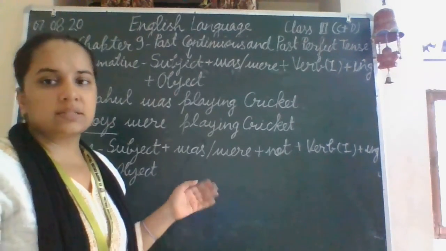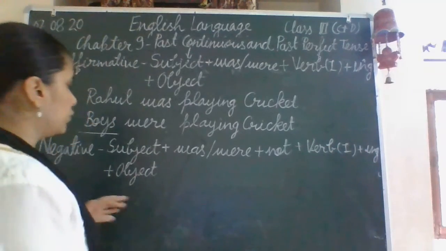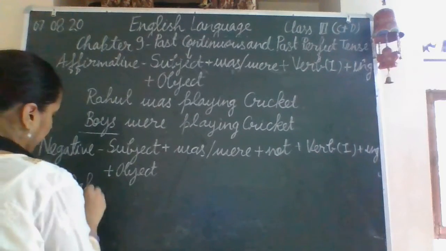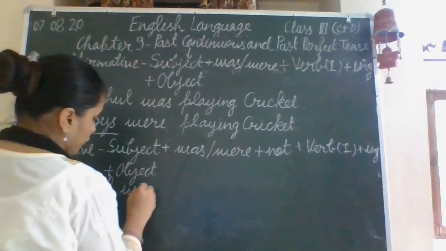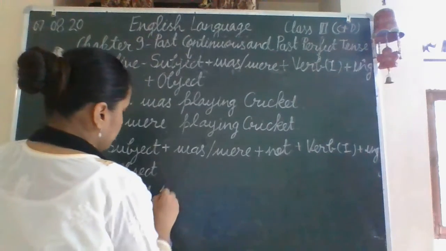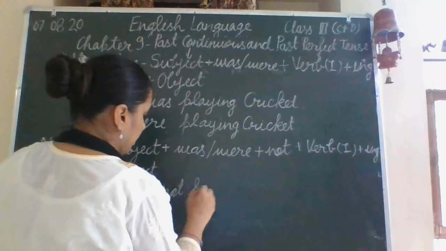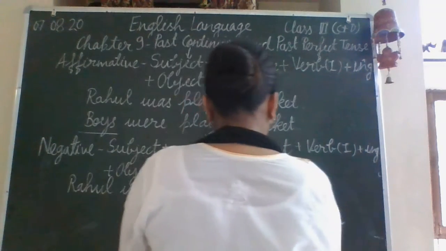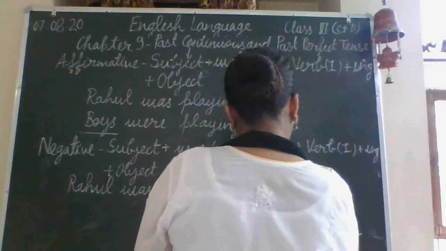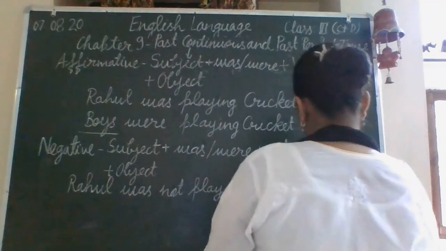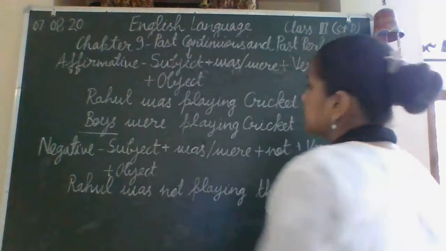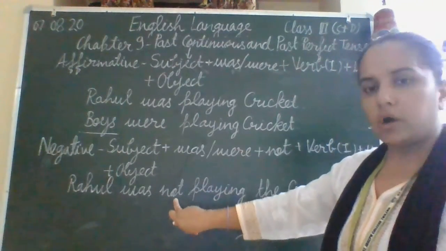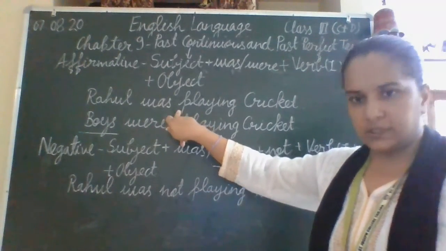So let's take the same example again. What would the sentence be? Rahul was not playing the cricket. What is the difference in this sentence? The only difference is that we used the word not here, and the word not is not used here.